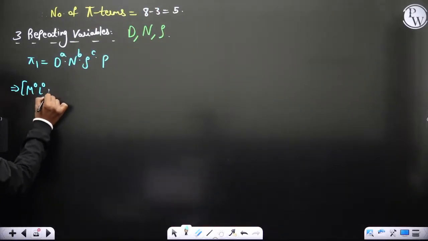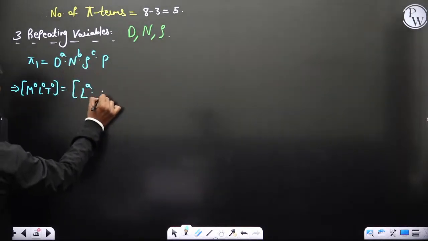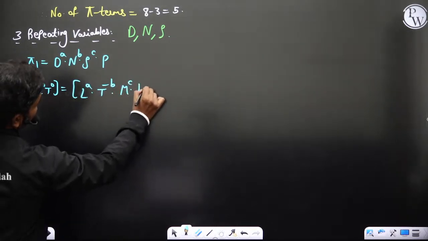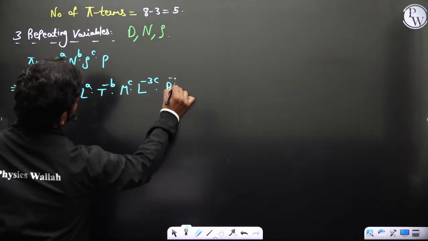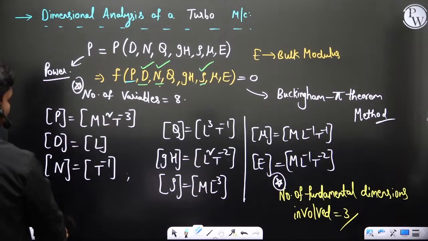This is slightly laborious. We have to do it for some 5 minutes. Diameter gives L power a, N gives T power minus b, rho gives M power c into L power minus 3c, because it is kg per meter cube, into power, which has certain dimensions. What are the dimensions of power? M L square T power minus 3.